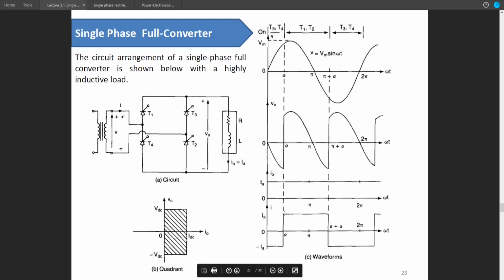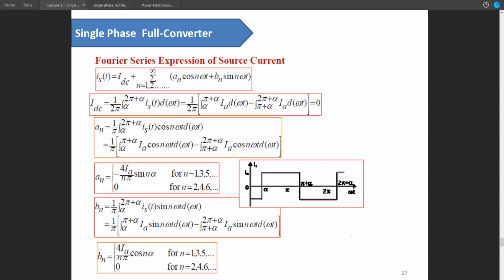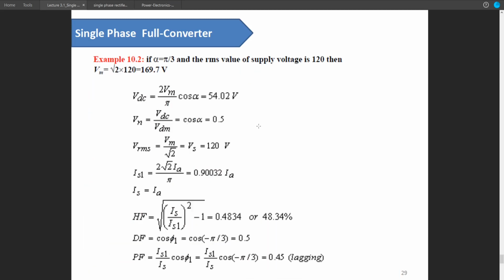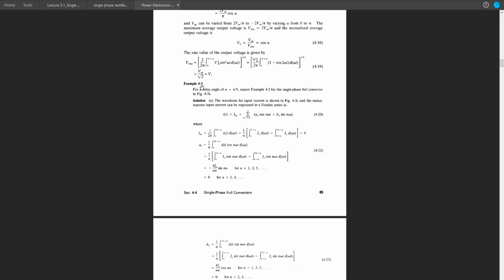So if you want to repeat the previous example for this circuit, the only change will be these limits. So you can do the math, example 4-3, in a similar way.